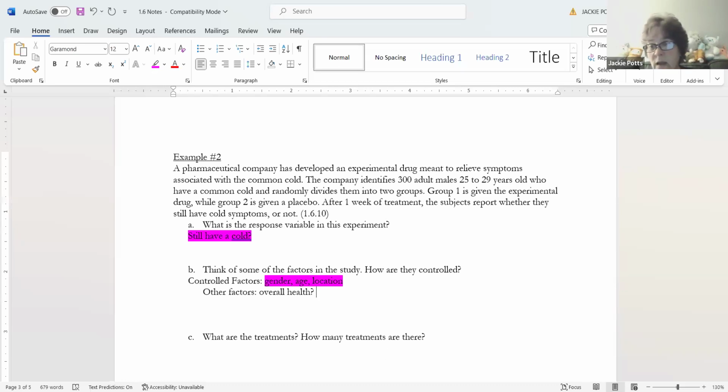You think that could affect how they fight a cold? Someone who has cancer, definitely. How about autoimmune disease? Yes. So overall health, do they have pre-existing conditions? Even at 25 to 29, odds are they checked for that. So that would be a factor that they're looking at.